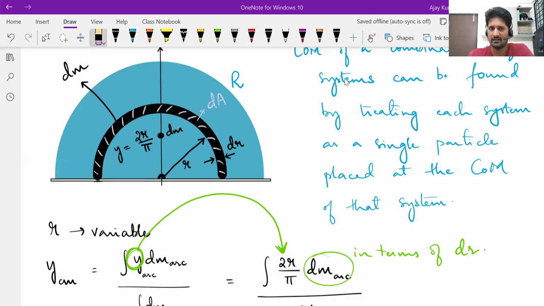Its radius is r. Now, as the ring becomes smaller and smaller, what will the radius of the smallest ring be? Actually, I understand what you are thinking. You want to express a small radius, so you called it dr. But the first semicircular ring, its radius will be tending to 0. You know dr is something which is very close to 0.